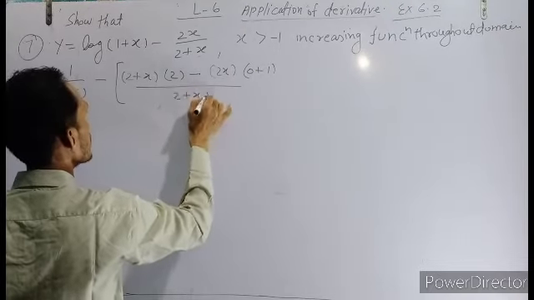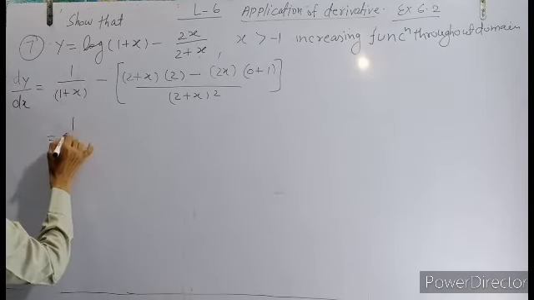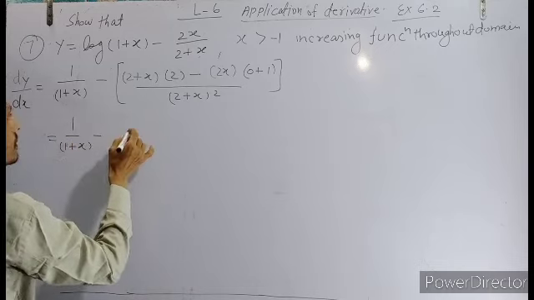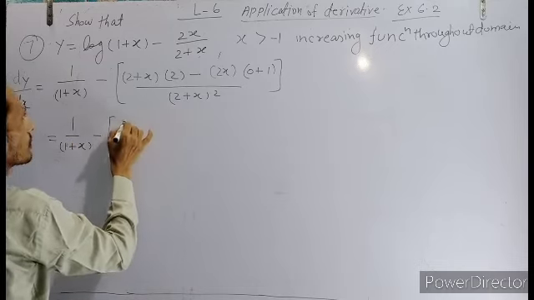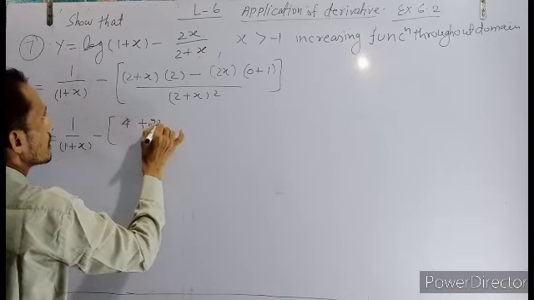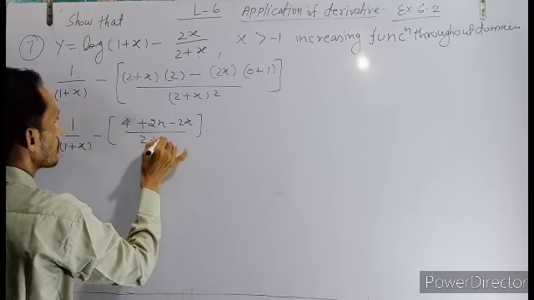So we get 1 upon 1 plus x minus, simplifying, 4 plus 2x minus 2x upon (2 plus x) whole square.